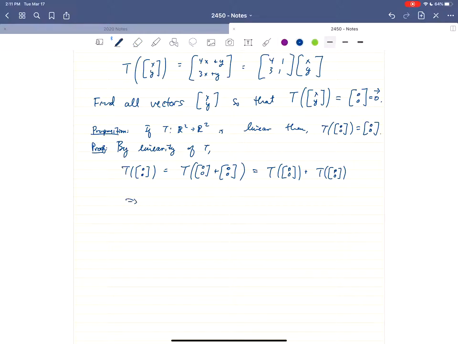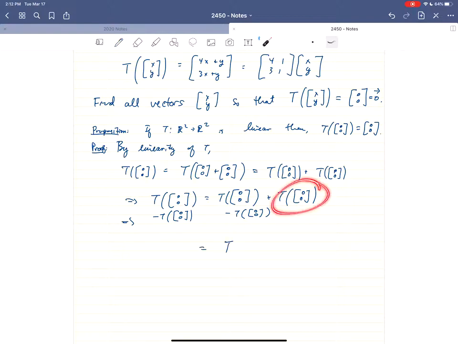So this implies that T of 0, 0 is equal to, let me write this one more step just to be perfectly clear, T of 0, 0 is T of 0, 0 plus T of 0, 0. And if I subtract T of 0, 0 from both sides, on the right side I'll get this other term, which is T of 0, 0.